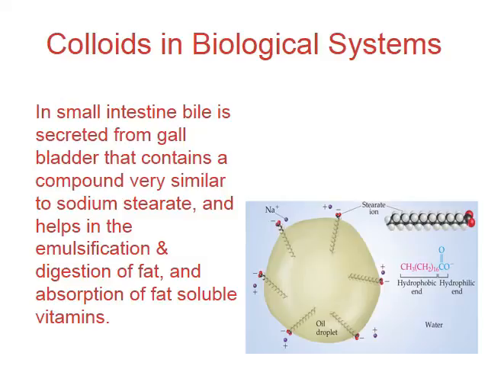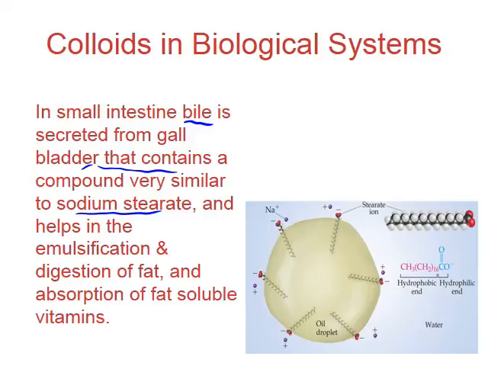Now, let me give you an example of colloidal solution in a biological system. In the small intestine, bile is secreted from the gallbladder that contains a compound which is very similar to sodium stearate, and stearate is well known for emulsification of colloidal solution.